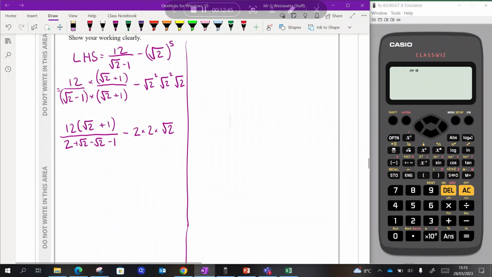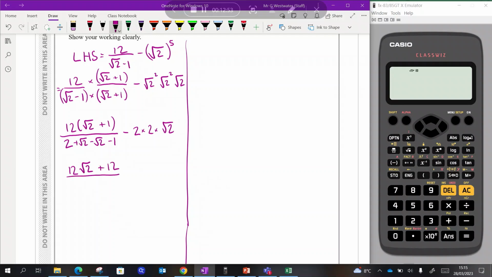So let's neaten up the top of this. 12 times root 2 is 12 root 2, plus 12 times 1. And then the plus root 2 and the minus root 2 will cancel out, leaving it just 2 minus 1, which is just 1. Minus 2 times 2 is 4 root 2.